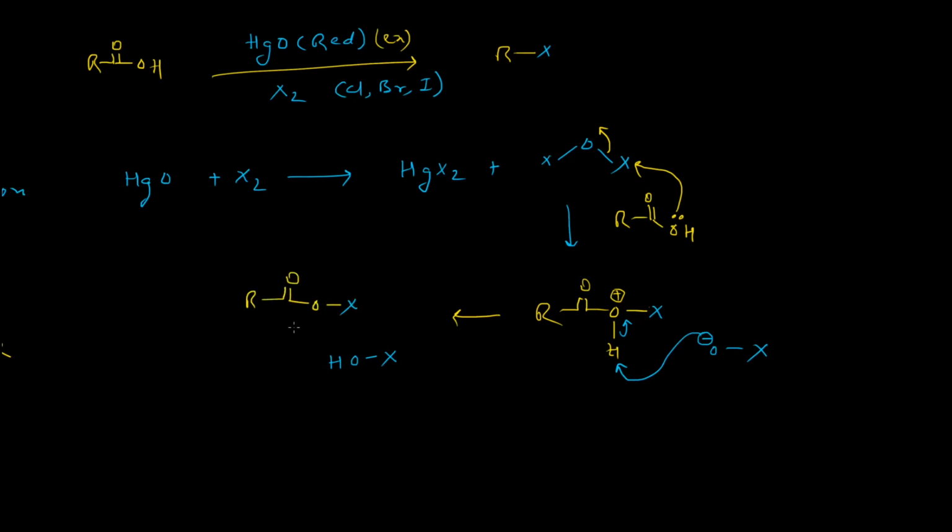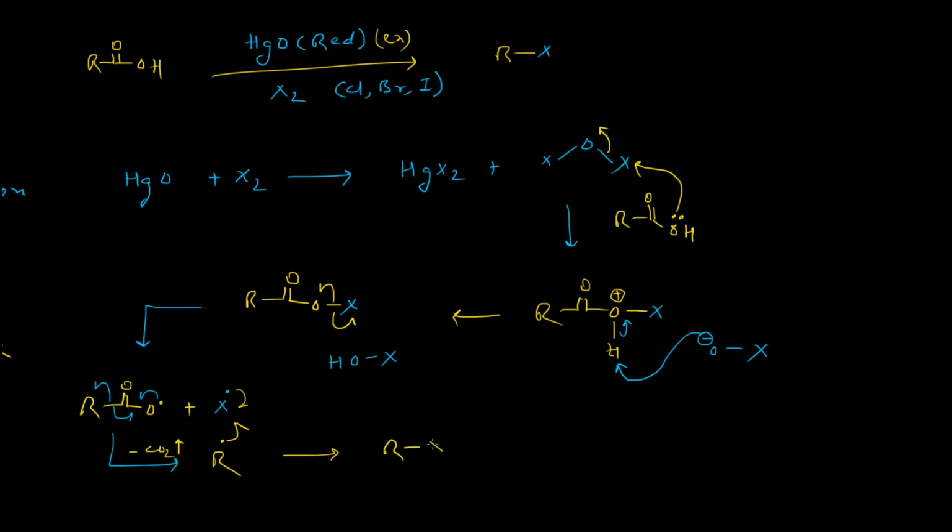This is our main intermediate, which will then undergo the same mechanism as in case of Hunsdiecker reaction, that is the homolytic cleavage, and then this particular carboxylate radical will undergo a decarboxylation, thereby forming this alkyl radical, and this alkyl radical will then combine with the halogen radical formed in the reaction mixture, and finally we will get the desired alkyl halide, right?